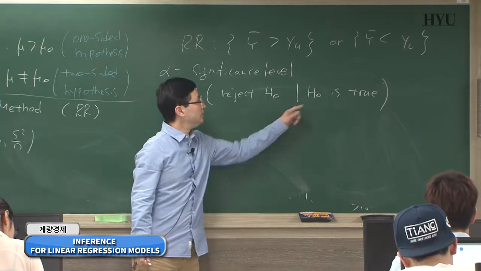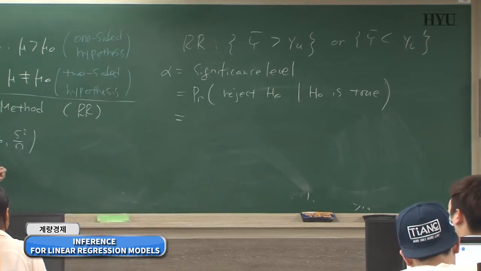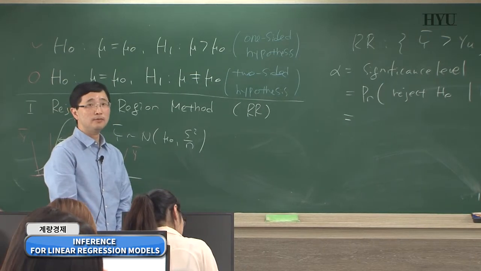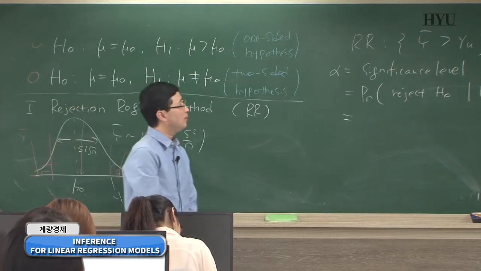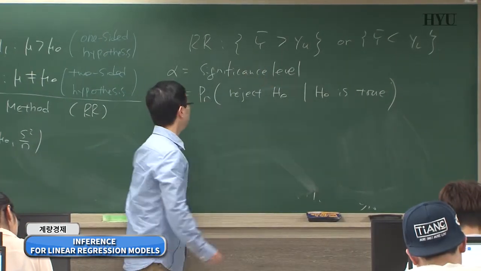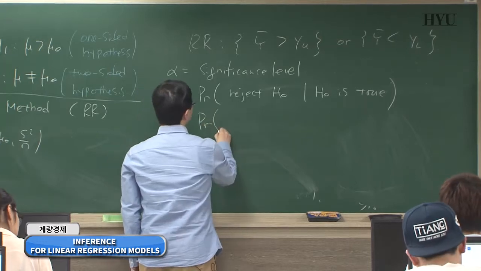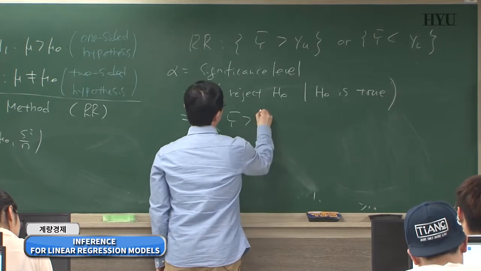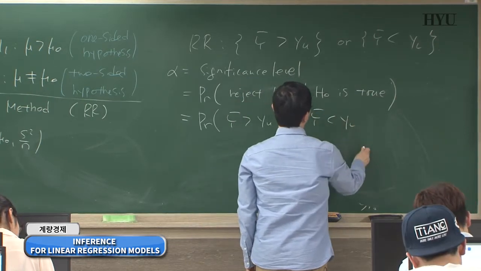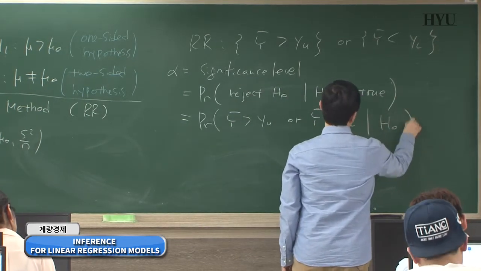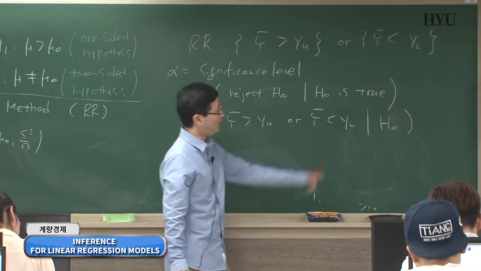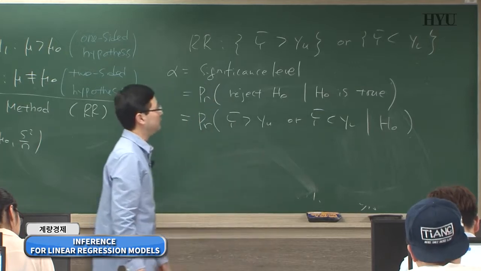If the null is true, then we know the distribution of y bar, right? So that's the distribution of y bar under the null. When do you reject the null? When your sample mean is in the rejection region. So it's either too big or too small if the null is true. I'm not going to write the whole thing, it's too long, okay? So given H null means if the null is true.